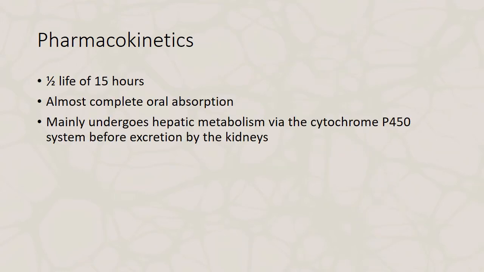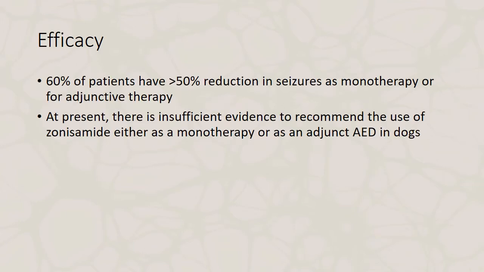This is the pharmacokinetics. And then the efficacy. Due to the small numbers of the studies, zonisamide cannot be recommended as a primary or add-on antiepileptic based on the recommendations of the International Epileptic Task Force.